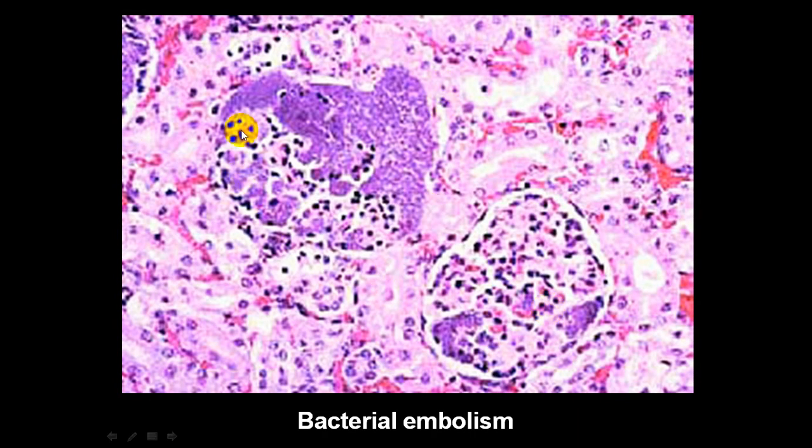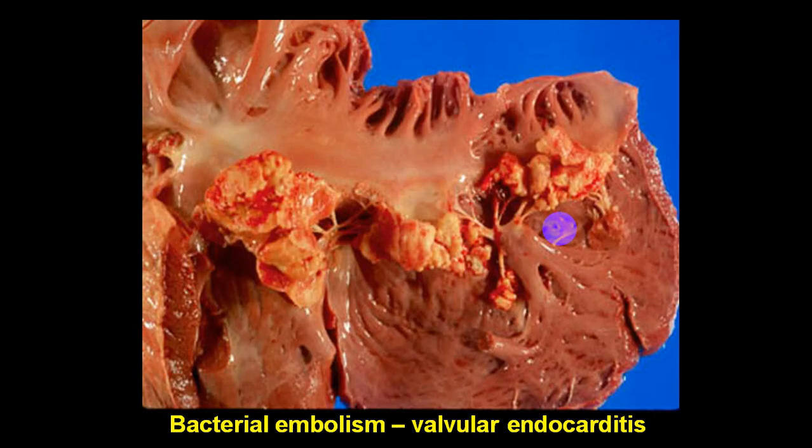This is clumps of bacteria inside blood vessels forming emboli. Usually this is due to systemic bacterial infection, particularly in cases of sepsis. These bacterial emboli can also originate from inflammation in the valve of the heart, which we call valvular endocarditis.